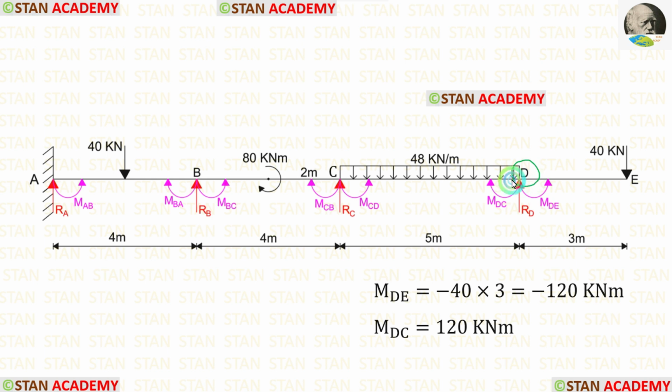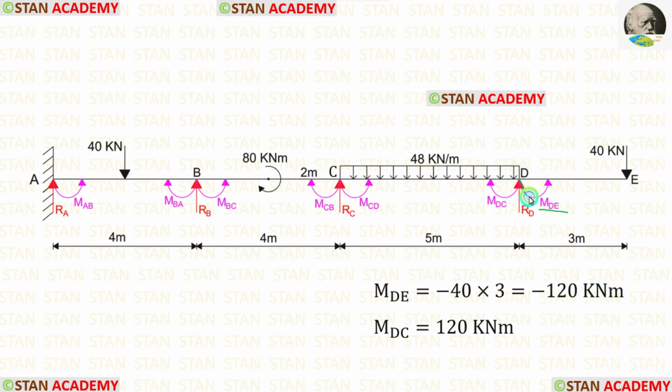In the joint D, we can easily find the final moments because on the right of D, there is overhanging. To calculate MDE, we have to multiply the point load 40 kN with the overhanging distance 3. When we do that, we are getting 120.